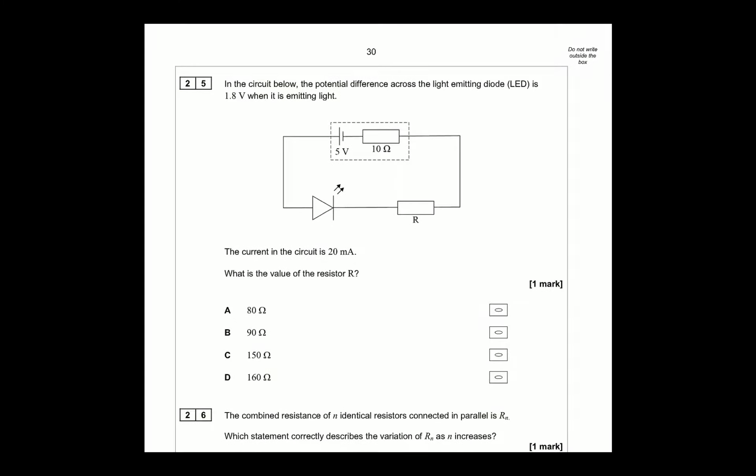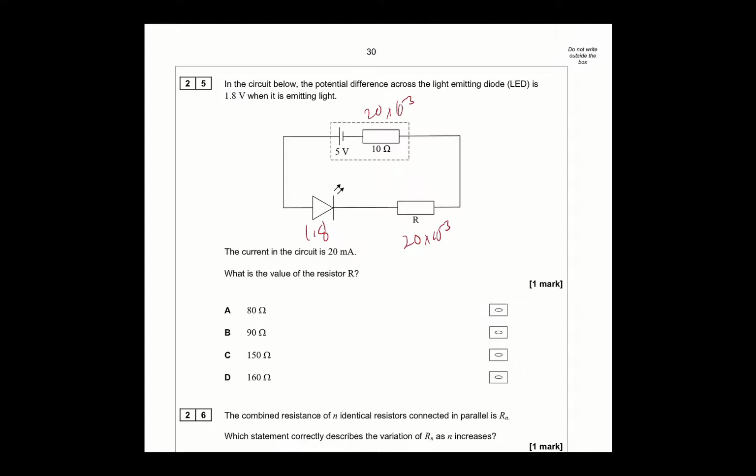Okay, so in the circuit below, the potential difference across the LED is 1.8 when emitting light. Current is 20 milliamps. What's the value of R? So, alright, 1.8. Okay. 20 times 10 to the minus 3.